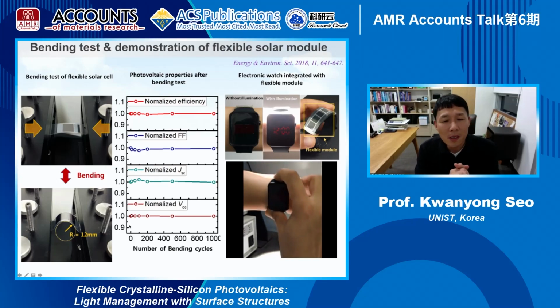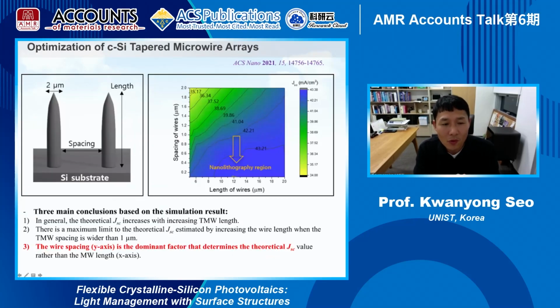So far I explained why we have to use the one-dimensional microwire for flexible silicon solar cell application. The next topic is what's the optimal geometry of these one-dimensional wire array structures? As I explained before, the diameter is almost fixed because by considering the practical device fabrication, we have to choose the 2-micron diameter of the wires.